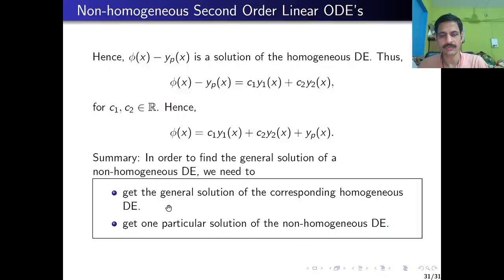Then we write c1y1 + c2y2, where y1, y2 are the linearly independent solutions of the homogeneous ODE. And then we try to compute somehow a particular solution of the non-homogeneous ODE. Then the sum of the two, the general solution of the homogeneous ODE and the particular solution of the non-homogeneous ODE, will give us the general solution of the non-homogeneous ODE.